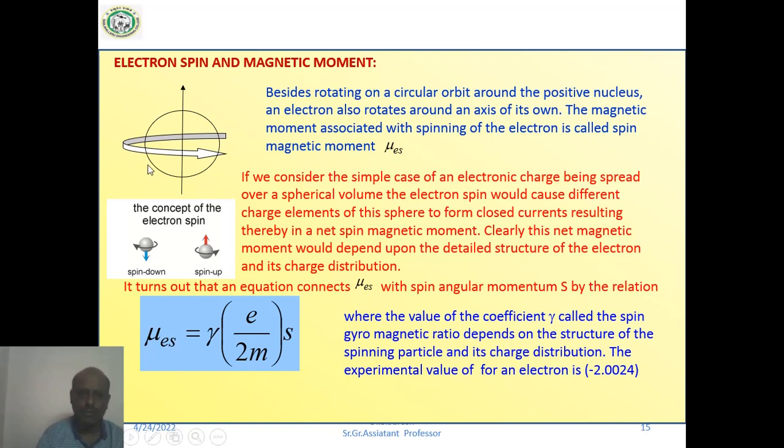Coming to the other component, the electron spin moment, in a similar way we can argue that it is revolving with a radius of r, making omega by 2 pi revolutions on the surface of the electron, and its angular momentum is m r square omega. Cancelling out again, we get e by 2m. So mu s is equal to gamma into e by 2m into s, but experimentally the gyromagnetic ratio in the case of spinning particles is identified as minus 2.0024.